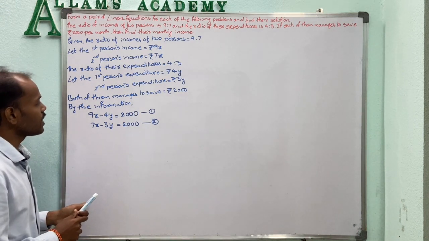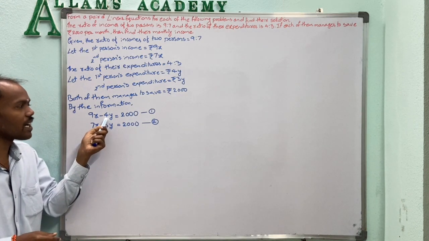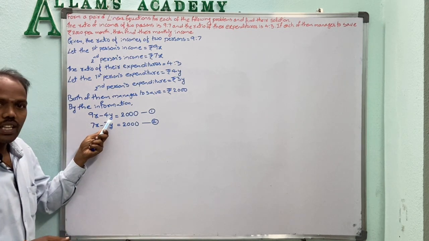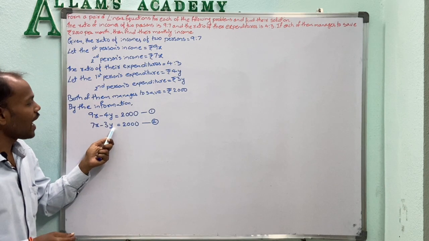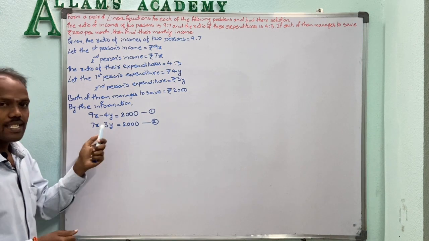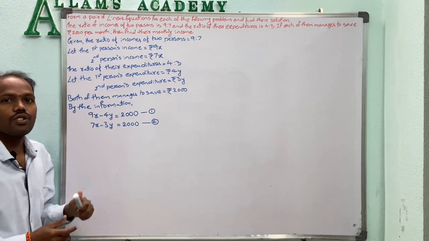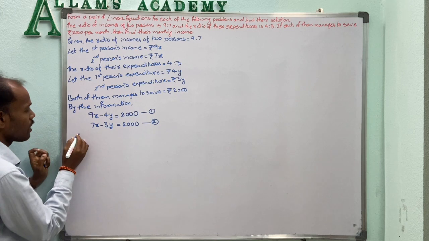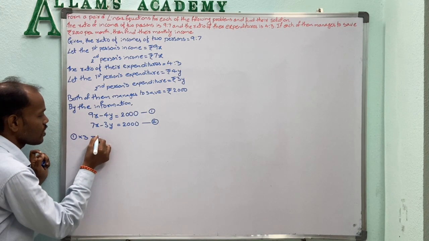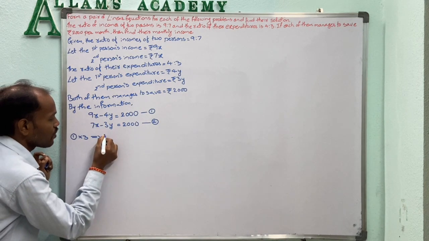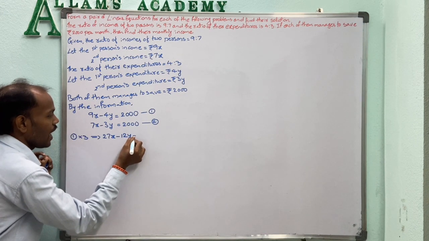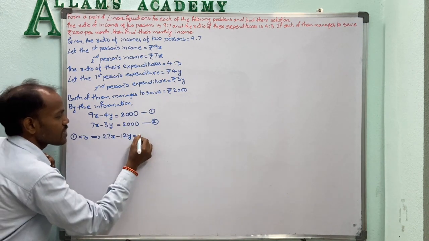Okay, so we solve these two equations by the elimination method. In the elimination method, we equalize the y coefficients. The first equation's y coefficient is 4 and the second equation's y coefficient is 3. So the LCM of 4 and 3 is 12. So the first equation is multiplied by 3: 9 3s 27, 4 3s 12, and 3 2s 6.